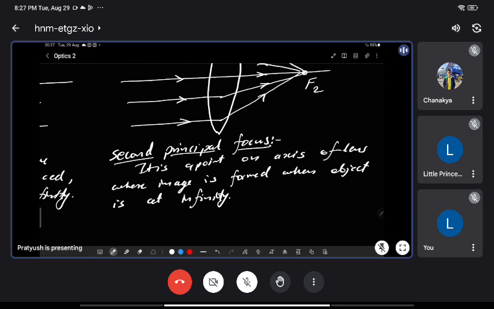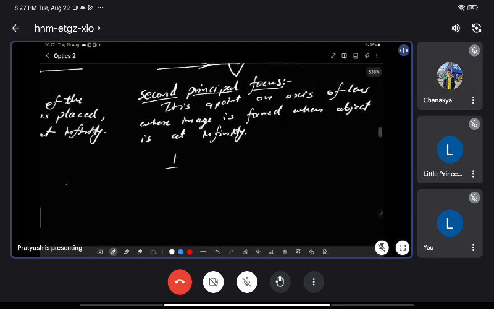It is denoted by f2. So 1 upon f2 is equal to mu minus 1 into 1 upon r1 minus 1 upon r2.